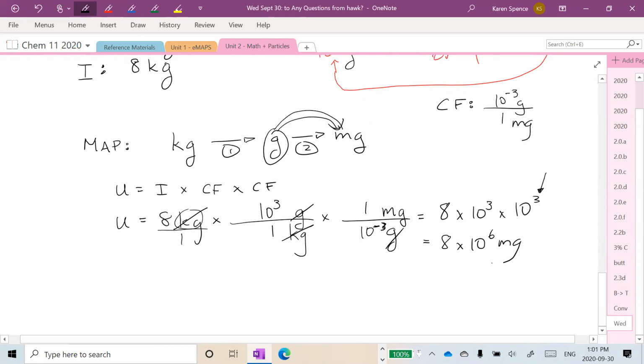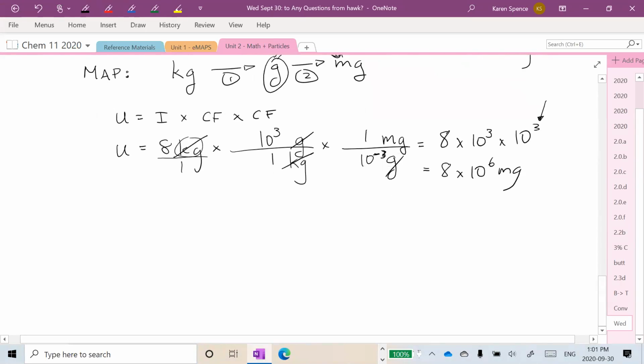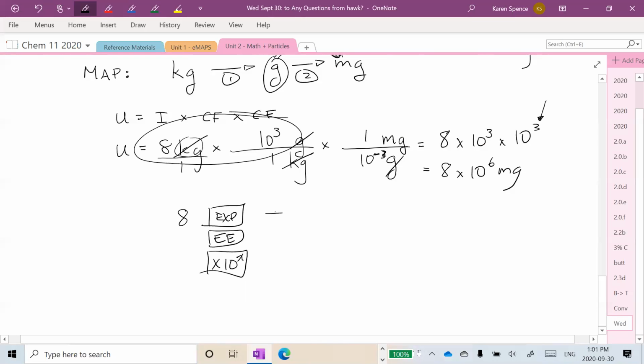If you wanted to type this in your calculator instead, what you would do is you would type in 8, and then you would type in either the EXP or the EE or the times 10 to the X button. Yes, you could, because you would have 8 times 10 to the 3. And then you would type in divided by, because this is in the denominator, right?